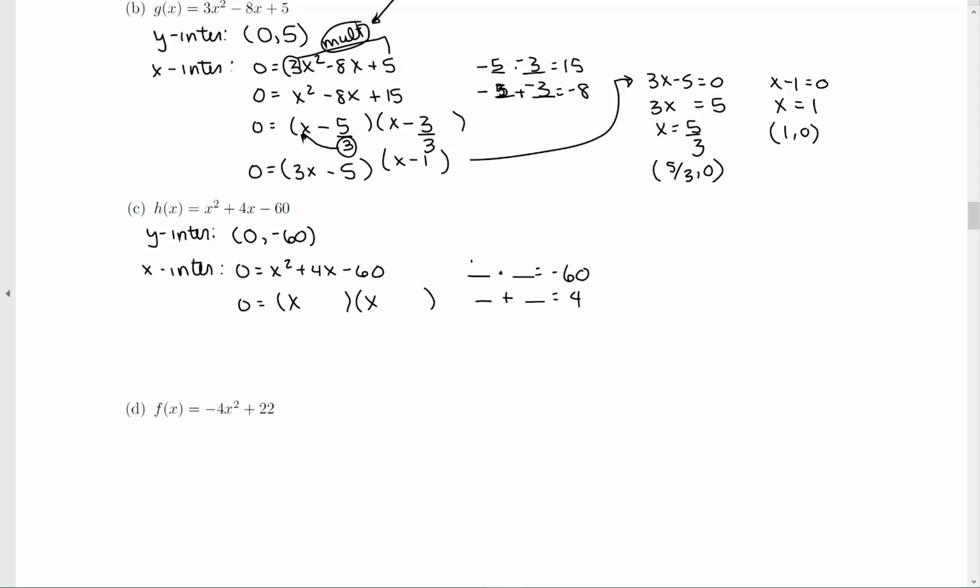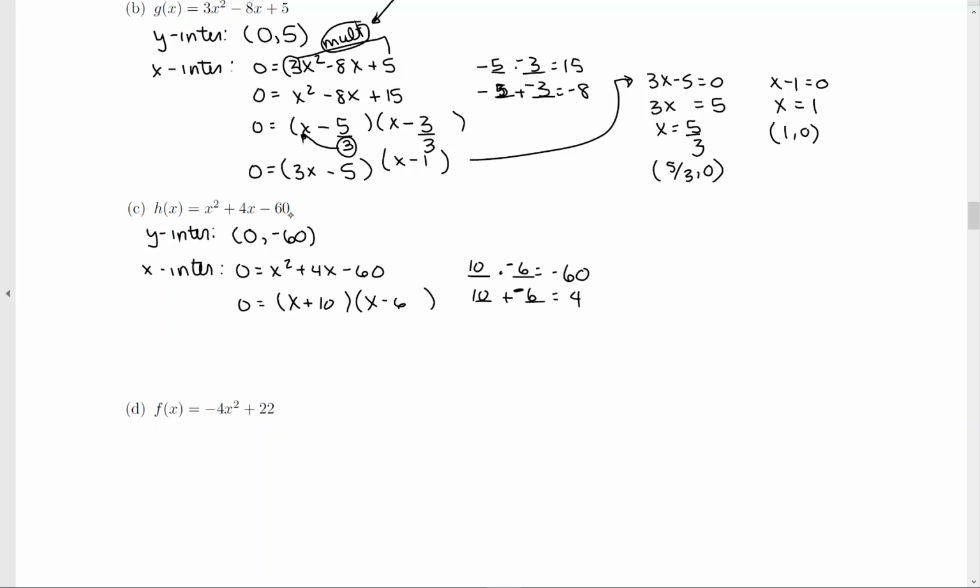So I'm thinking of a 10-6 combination. One of those numbers, though, is going to have to be a negative to be negative 60 when multiplied. So positive 10 times negative 6, positive 10 plus negative 6 gives me the positive 4. So in my factor, it's going to be positive 10, negative 6.